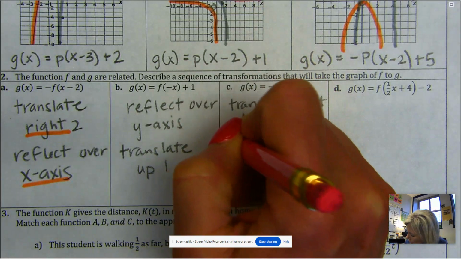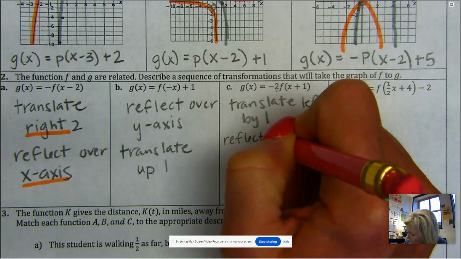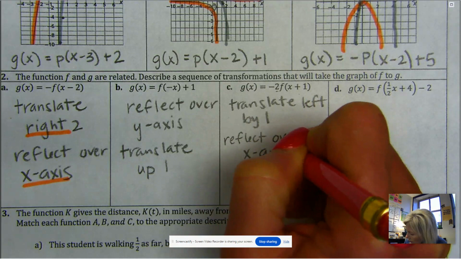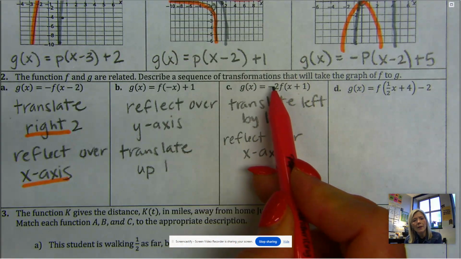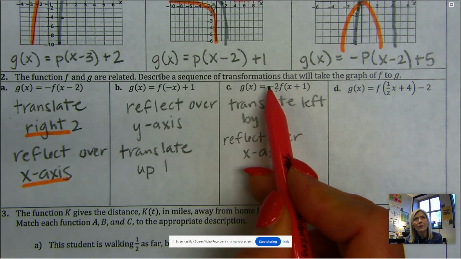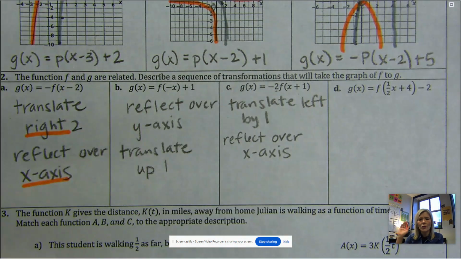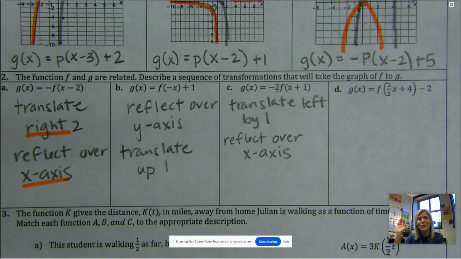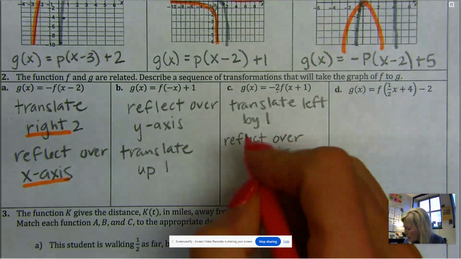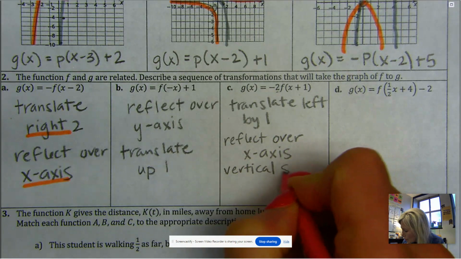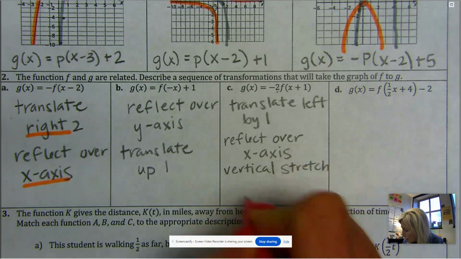So reflect over the x-axis, since the reflection goes on the output because it's on the outside, and y's change from positive to negative over the x-axis. And this is a vertical stretch by 2.